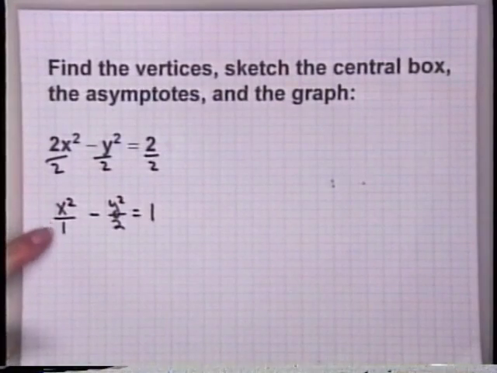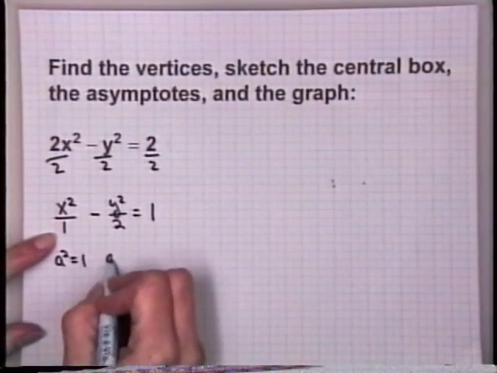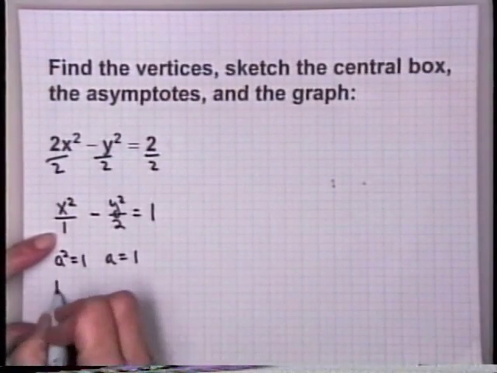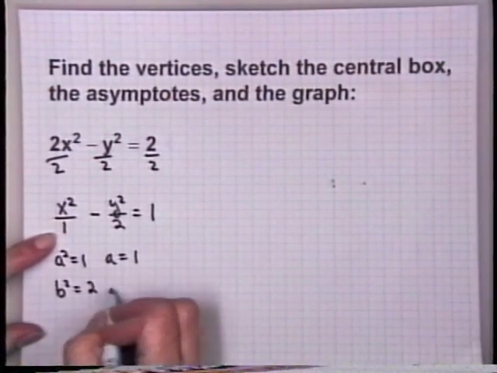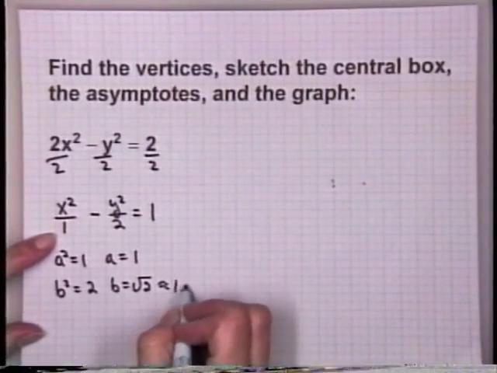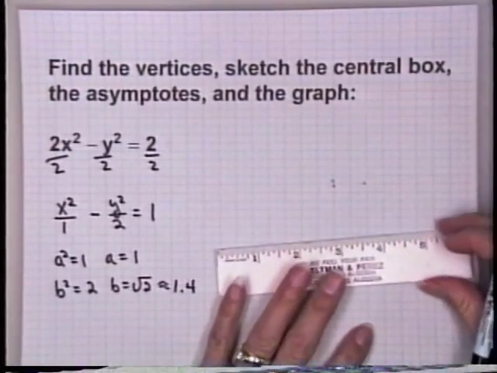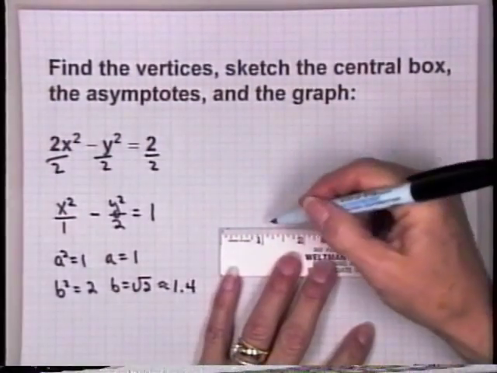My positive term here is x squared over 1. So a squared is 1, giving me a equals 1. My b squared is 2, so b is the square root of 2, which I know is about 1.4. So let's use that to sketch in our hyperbola this time.